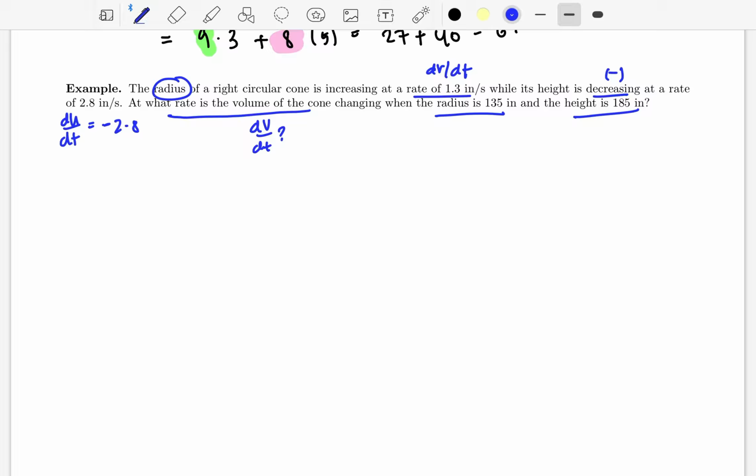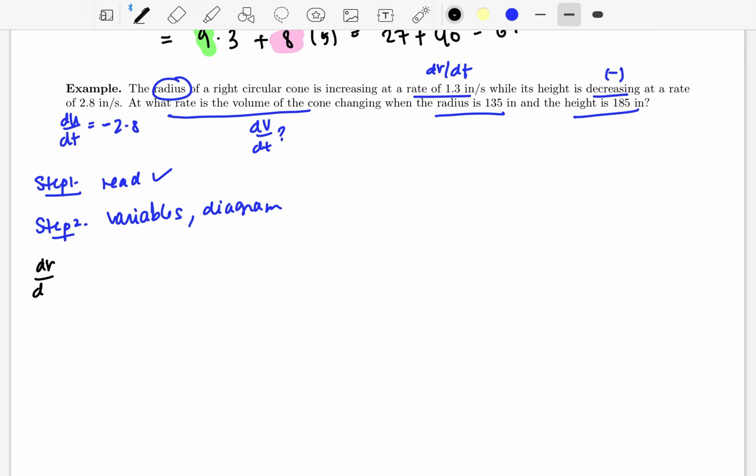So one more time, there's no need to write one variable in terms of the other one, because now we know how to find the derivative of a function in two variables. Okay, so let's see. Step 1, we're going to read the problem. It's done, we read it. Step 2, we need some variables, maybe a diagram if it helps. Okay, so let's see, what do we have? The radius of a right circular cone is increasing at a rate.